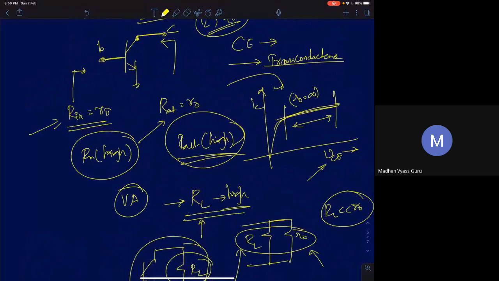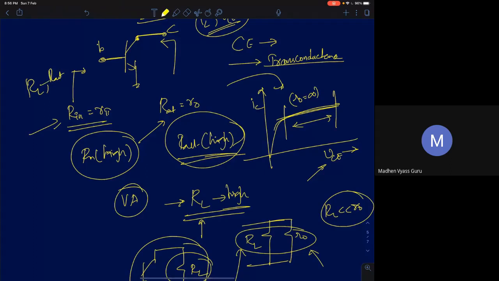So we said that RL is high. Ideally, a common emitter amplifier is better suited as a transconductance amplifier. Input is voltage, output is current. But you can use it as a voltage amplifier as well, provided your load resistance is very high. When I say very high, I'm comparing load resistance RL with R out.